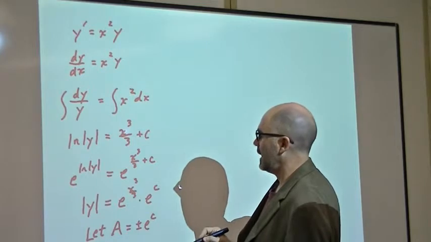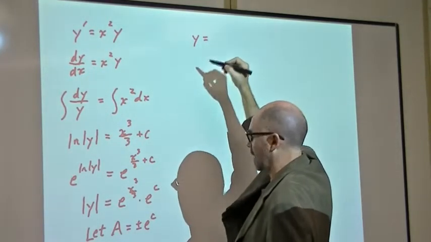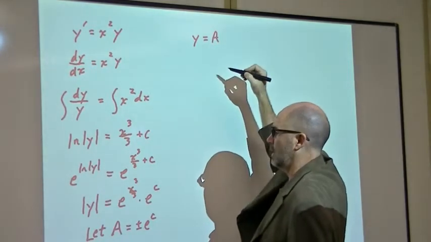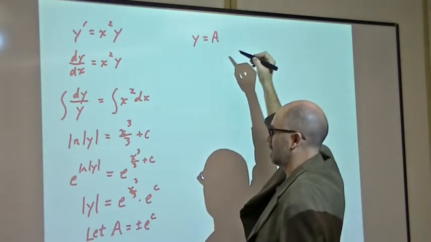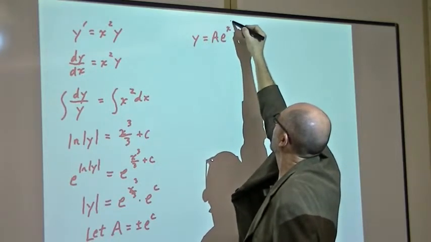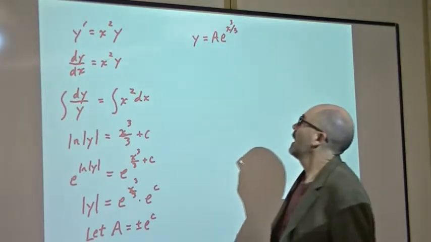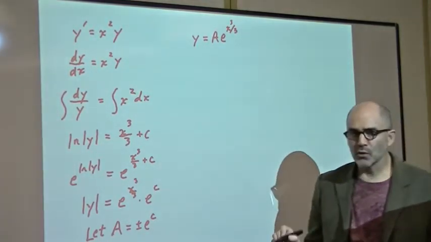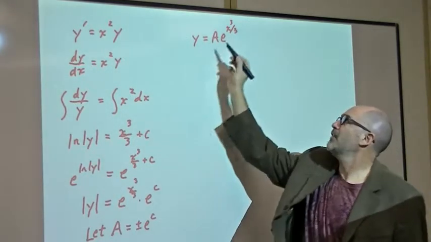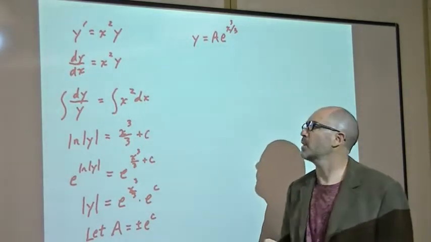So now what I end up with is y equals a times e to the x cubed over 3. Now, that is my general solution for any values of a. And so that's a family of solutions once again.